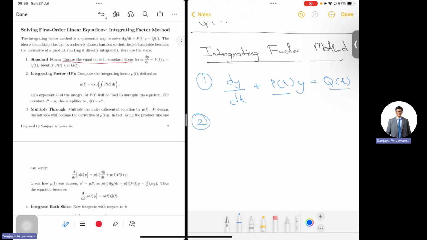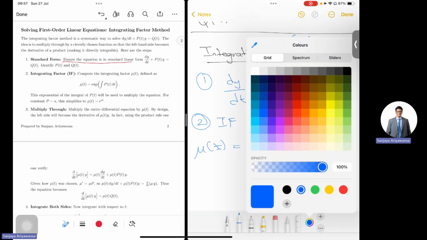Second step is the crucial step. That's where the integrating factor, I'll just call it IF, so that it's a little easier. The integrating factor we will denote by mu of t. Mu of t is defined by an exponential function with the exponent being an integral of the coefficient of y.